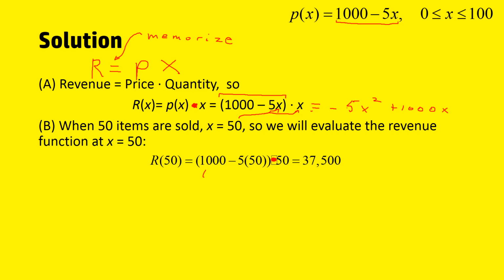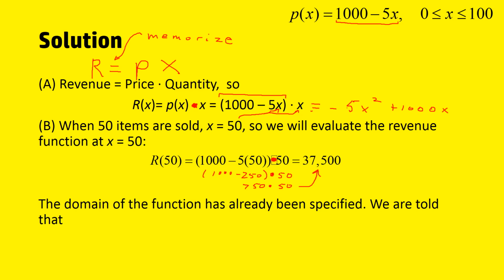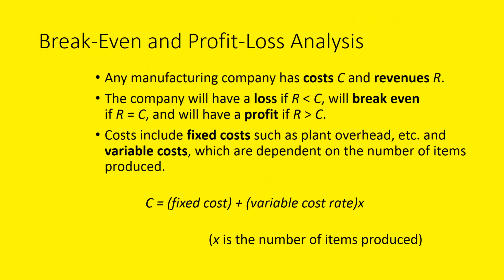R of 50 is 1000 minus 50, so we're putting that 50 right in there and in there, times 50. Which is 1,000 minus 250 times 50, which is 700.